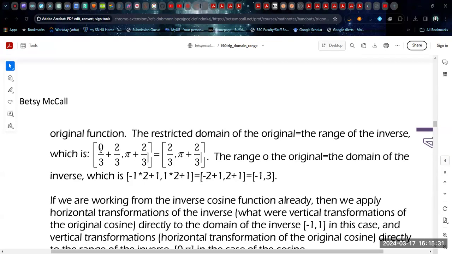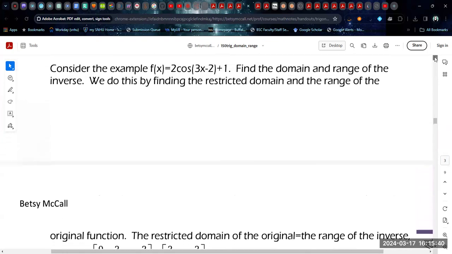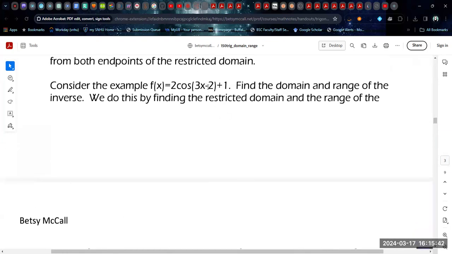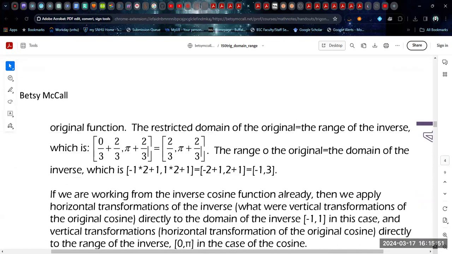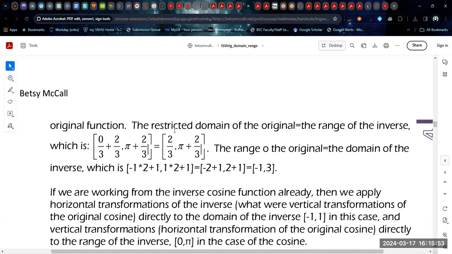So this would go from 0 to pi, and then I have to add my 2/3 because remember, when I do a transformation like this, the horizontal shift is not just the constant. I have to factor out that 3. So the shift is actually 2/3. So I end up with the range of the inverse being from 2/3 to pi plus 2/3.